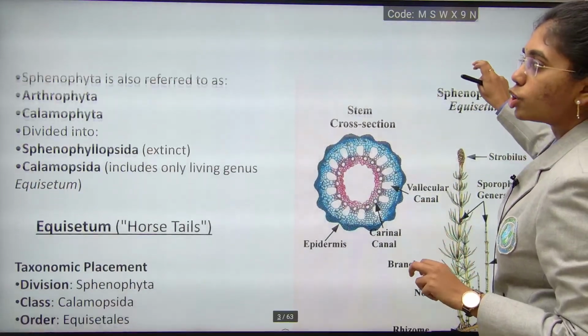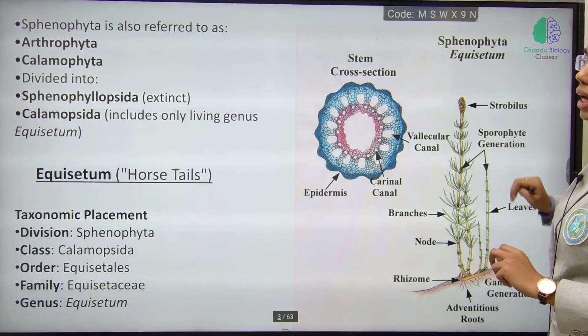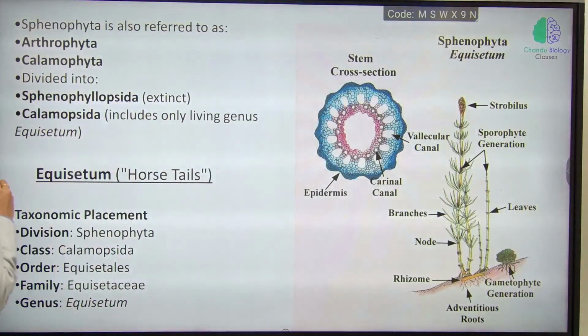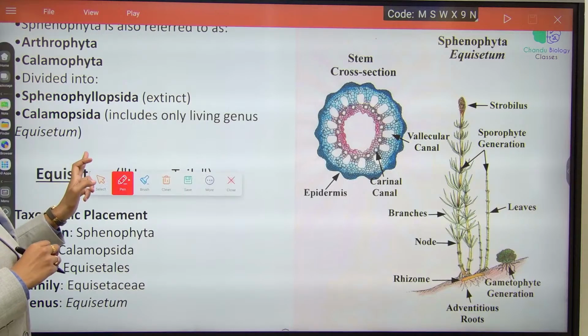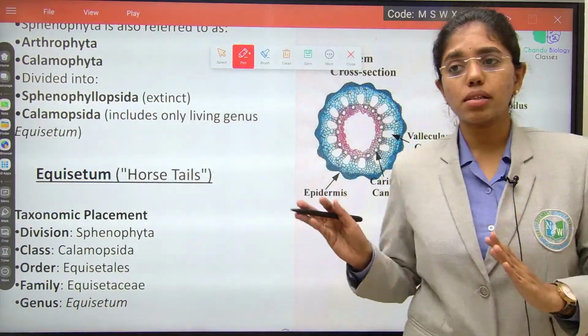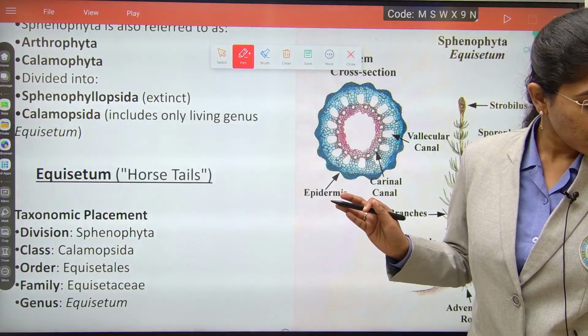Sphenophyta also has some synonyms. Arthrophyta, it is further divided into a few more classes like Sphenophyllopsida and Calamopsida. Calamopsida includes Equisetum. To remember the systematic position is mandatory because you will get a whole lot of questions from systematic position.